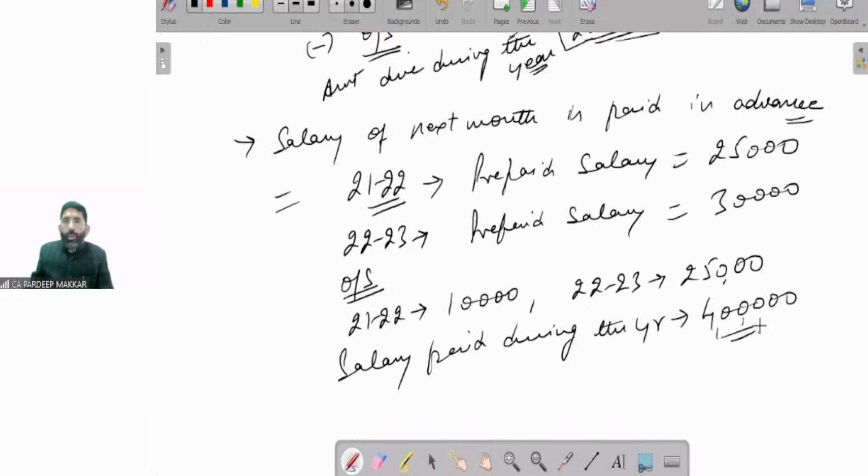Now get the amount to be transferred to your income and expenditure account fast. If it is clear, do this. You have 1 minute to do it fast. Speed se karna, beta.